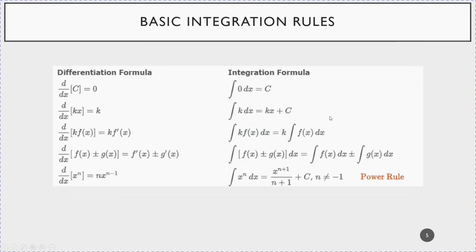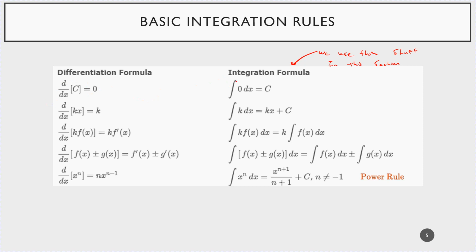So here are some basic integration rules. What I have over here is the differential form, and then we're going to use these integration formulas. We're going to use this stuff in this section. So look, the derivative of a constant is 0.